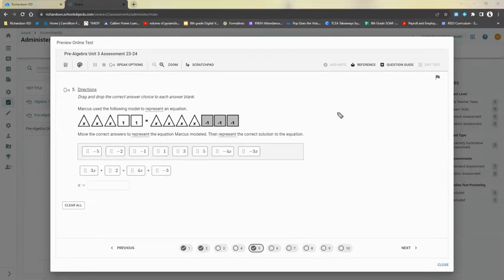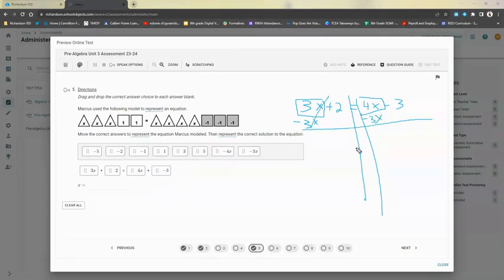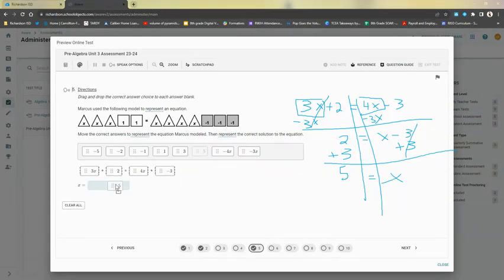So here I'm going to do 3x plus 2 equals 4x minus 3. You box the variables, subtract 3x from both sides. 2 equals x minus 3, add 3 to both sides. 5 equals x. So your answer here would be 5.